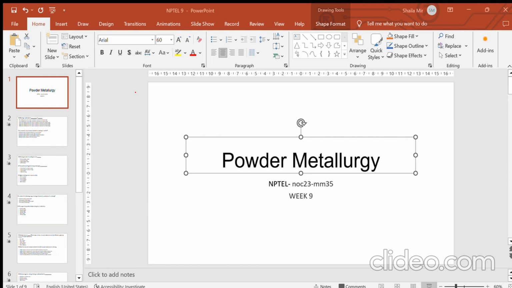That is a major difference between powder metallurgy and the casting process. So we will be carrying out the sintering below the melting point of the material, and it will be helpful in increasing the strength of the compact.